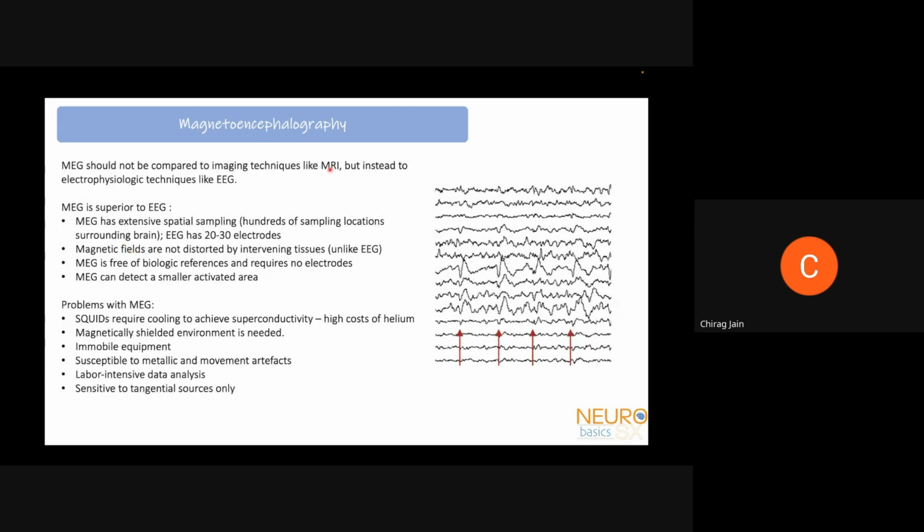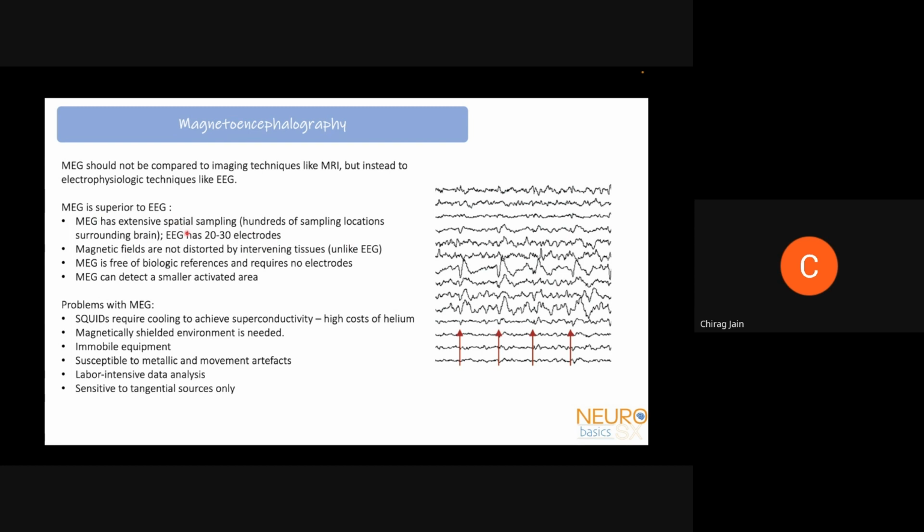Now, as we have discussed multiple times, a MEG should not be compared to an MRI, but should rather be compared to an electrophysiology technique like an EEG. Now, a MEG is superior to an EEG in multiple ways. First of all, an EEG, as you would have seen, has only 20 to 30 electrodes. But MEG has extensive spatial sampling. It is sampling from hundreds of different locations surrounding the brain. A MEG would not be distorted by intervening tissues.